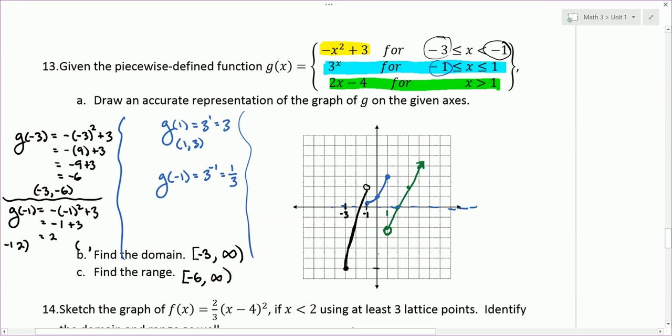But again, let's make sure there's no gaps in between. There's an open circle at negative 2, but if you move to the left, the black curve is represented at that point, so we're okay. And from that point, the green just takes over. Everything in the range from negative 6 to infinity is covered, so there's no gaps. And we finished 13.